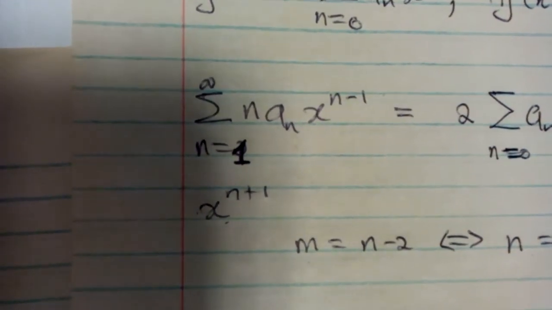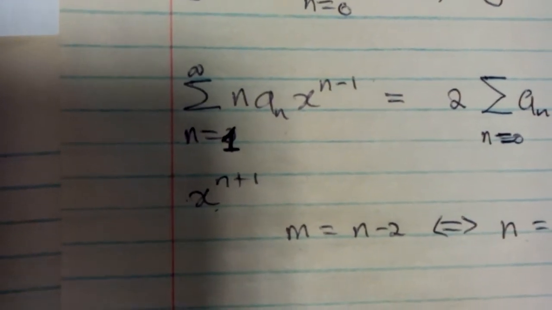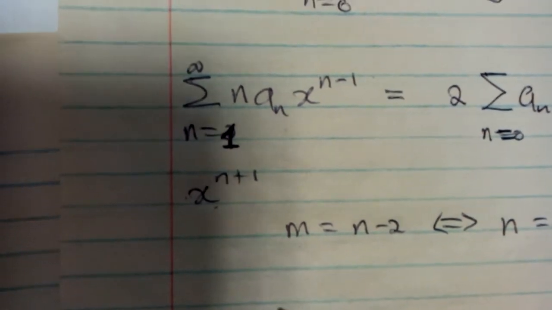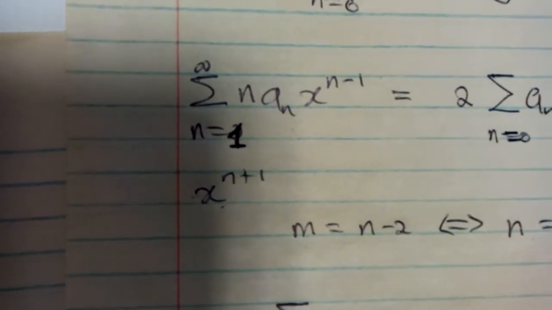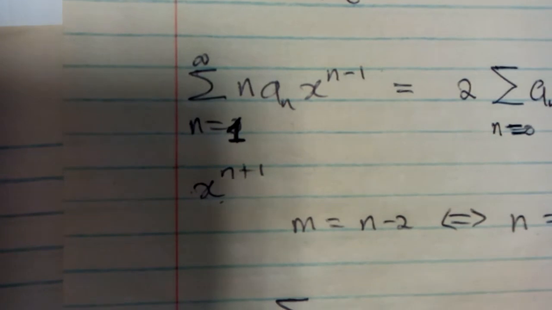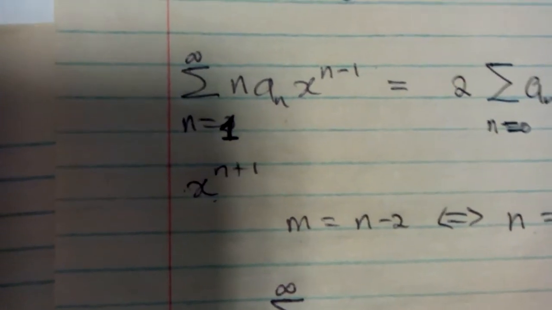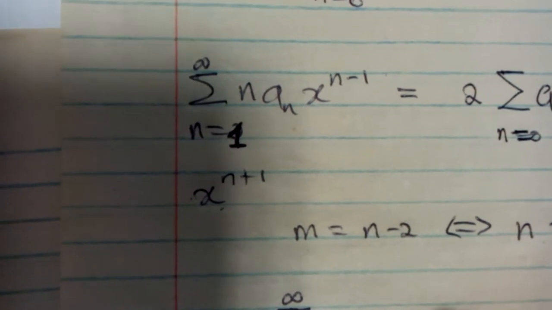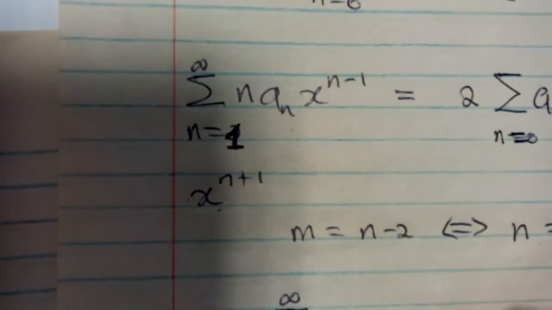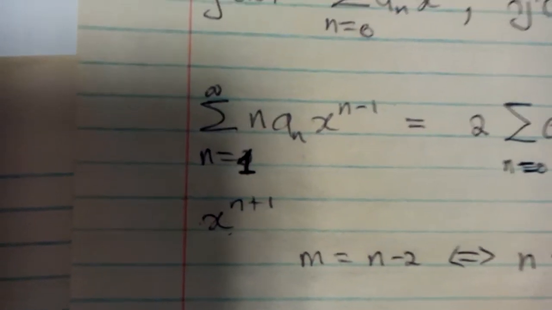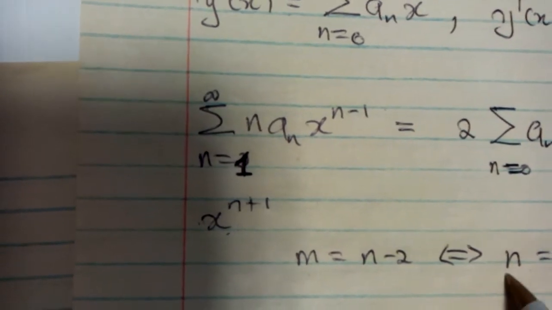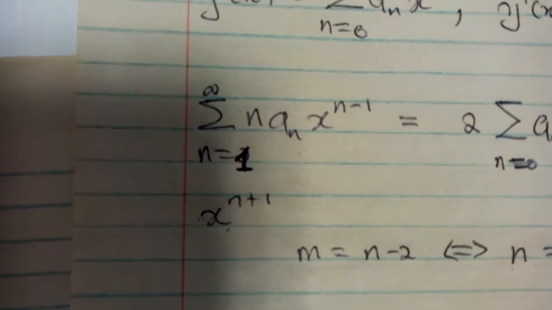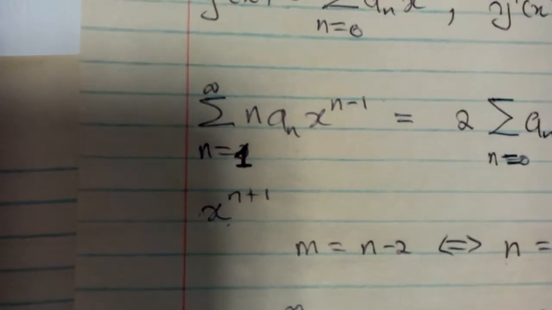On the left hand side, I'll have a1 plus the sum from m equal to 0 up to infinity of m plus 2 times a m plus 2 times x to the n. N is m plus 2 minus 1.